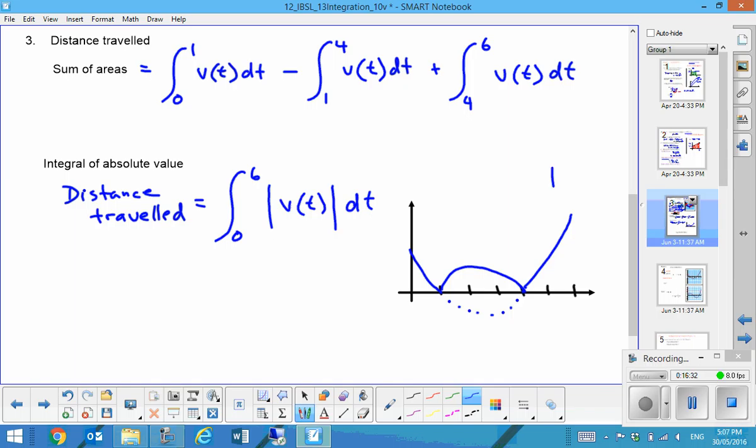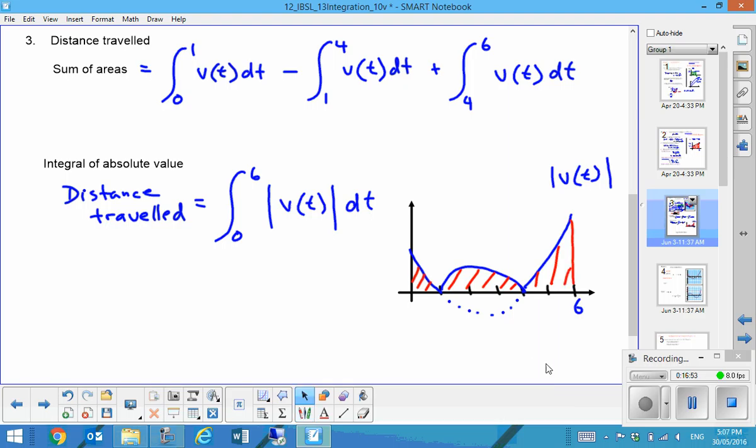So this is the absolute value of the velocity function. So now when we get the area under that, we're getting all of these, and they all just add up to our boundary of 6. Okay, that gives us all that area.